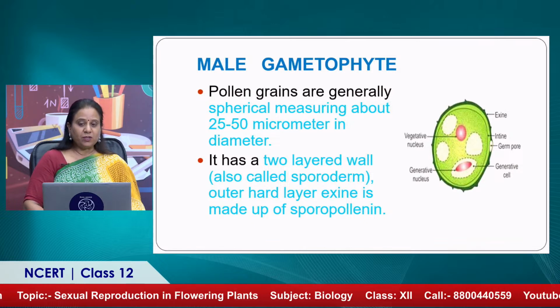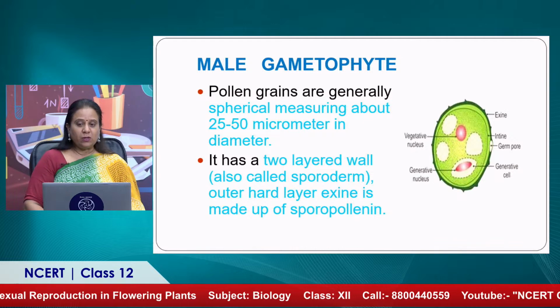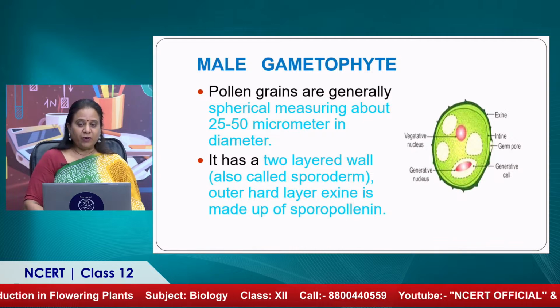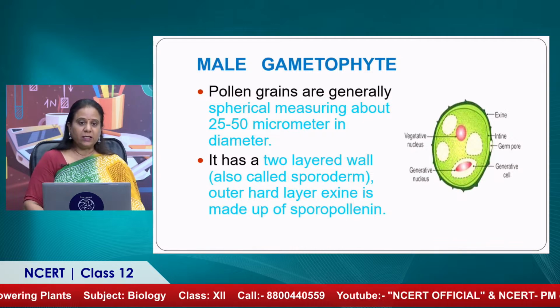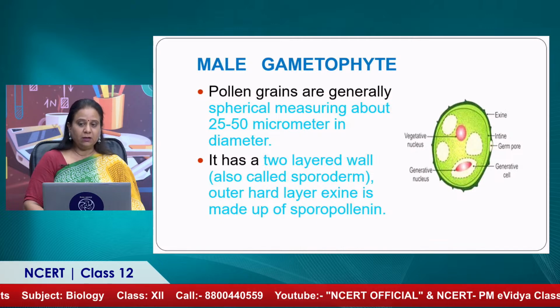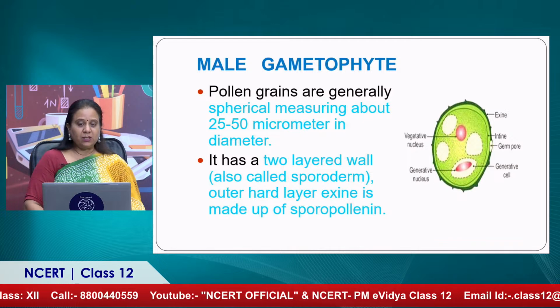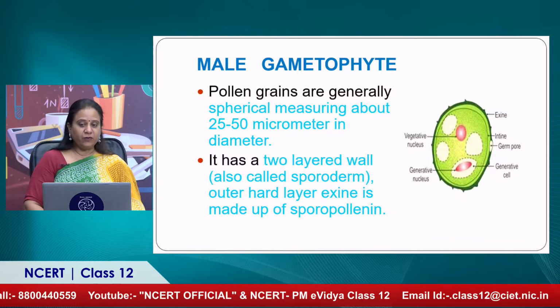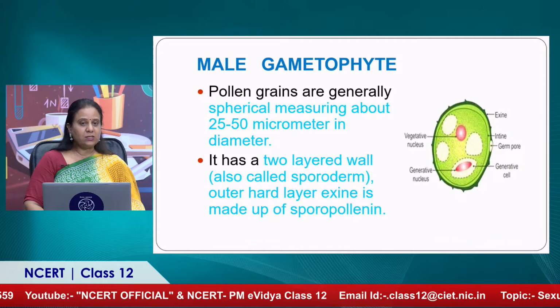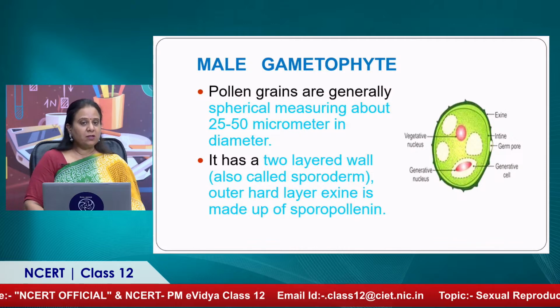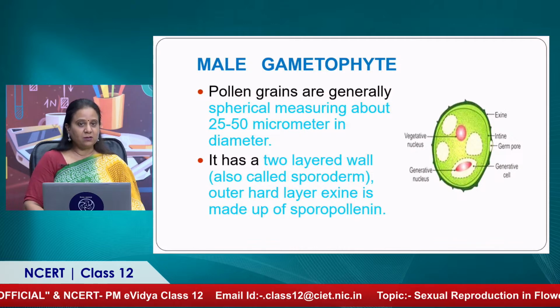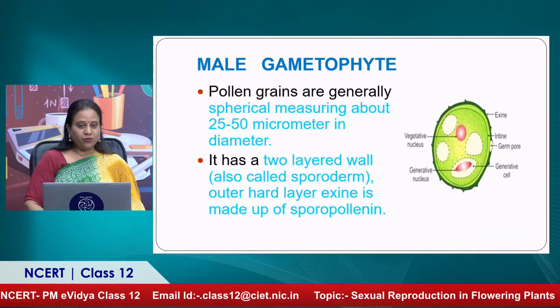In the diagram on this slide, you can see the outer covering, the exine, and an inner layer, the intine. Inside the intine we can see two different bodies, the vegetative nucleus and the generative nucleus. We will discuss these in the coming section of this session. So let's move on.